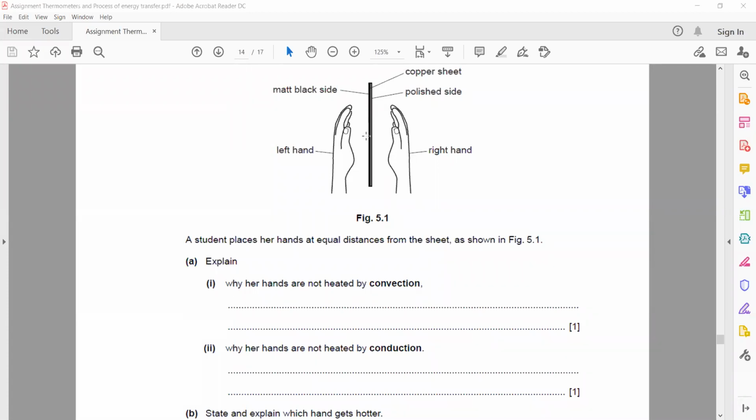Because dull and dark surfaces are good absorbers and good emitters of heat radiation, so it will give out more energy compared to the shiny surface. So the left hand will become hotter.